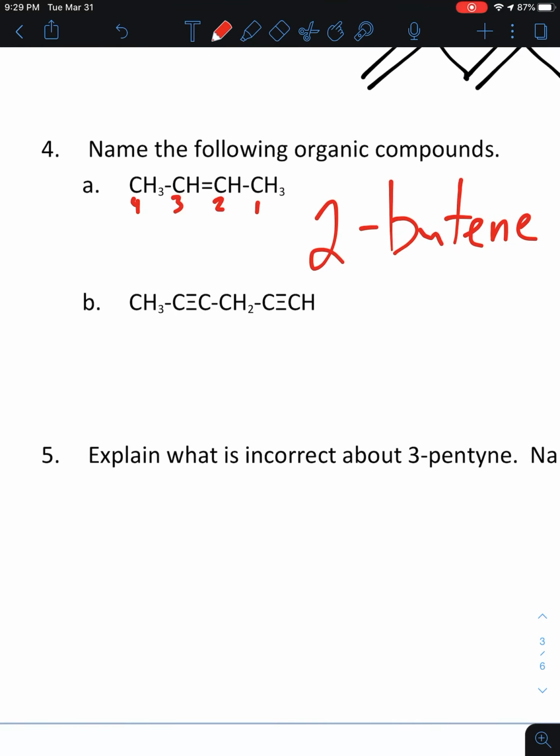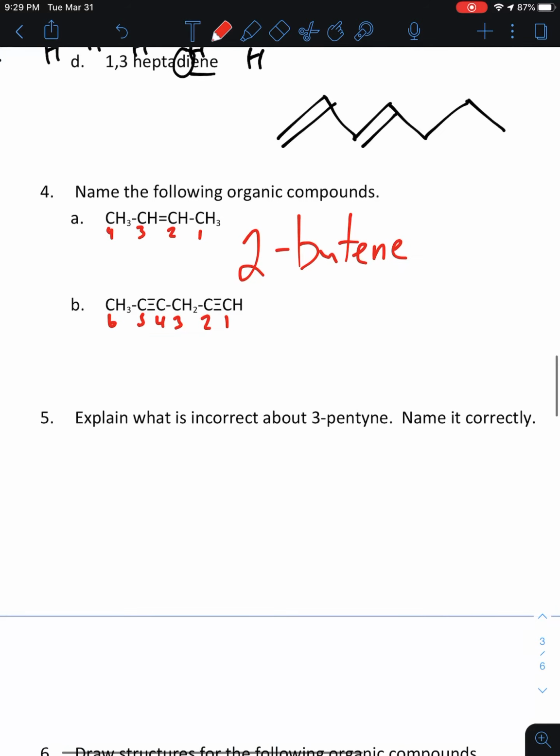In the next example, we've got 1, 2, 3, 4, 5, 6 carbons. I'm going to start from this side because that is the side that is closest to the triple bond. Now this would normally be called hexane, but because there's triple bonds, I'm going to call this hexadiyne. The di indicates that we have two double bonds, or excuse me, triple bonds.